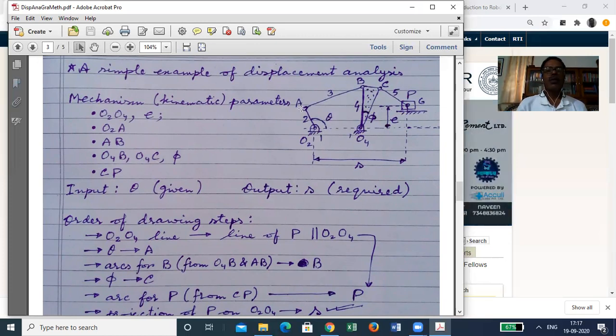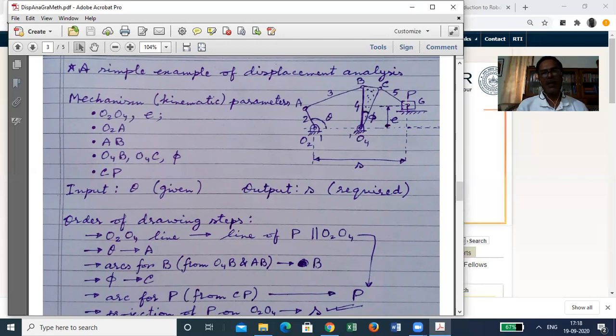Link 2, link 3. For link 4, it's a triangular link, so you have O4B, O4C, and this angle phi. Alternatively, you could have had O4B, O4C, and BC. They are equivalent. And then finally, this link 5, CP. This much you have as the mechanism parameters, which are known for the analysis problem.